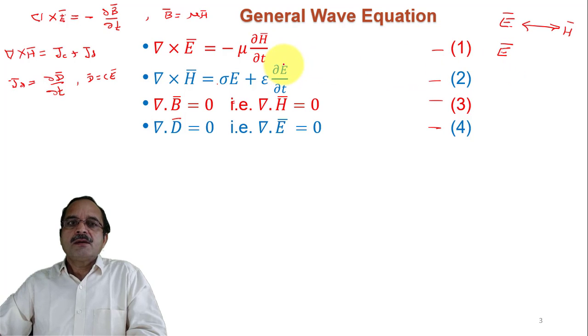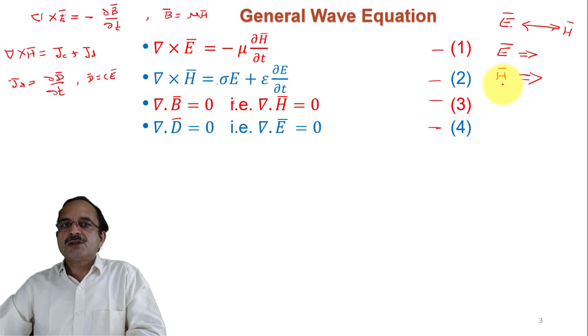Whereas by solving equations 1 and 2, if I eliminate E, then we will get the equation in the form of H only. So we will get one second order equation which is a function of only the electric field, and another second order equation which is a function of only H. By solving those equations, we can get the solution for the corresponding electric and magnetic fields.